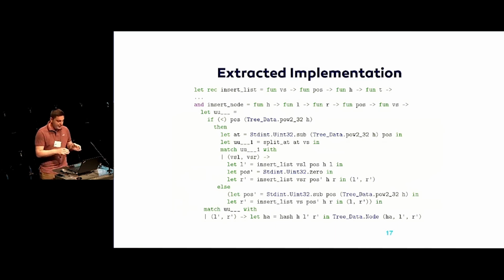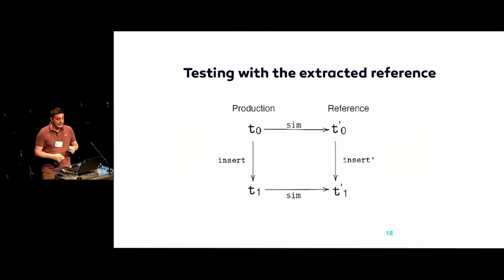So with this, we did the two things that we said that we would do. Testing the extracted properties on it, and using it as a reference to do some model checking over the production code, basically testing that this diagram commutes.